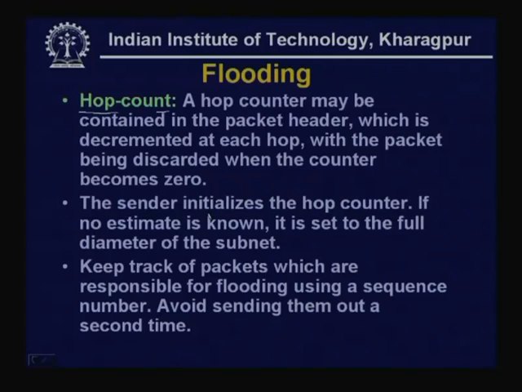That means the header has a count, and it is initialized with some value. You may be asking, what value should you set? You can set some number, but if no number is known, then usually the full diameter of the subnet can be used. Essentially, it is the worst case value.